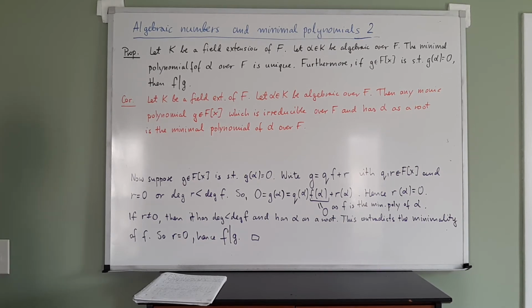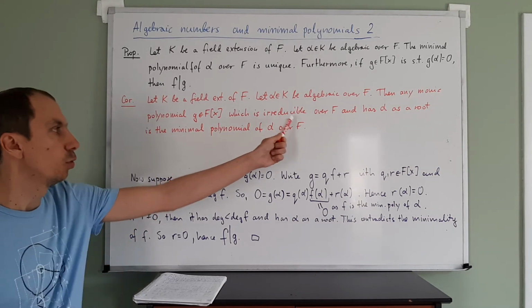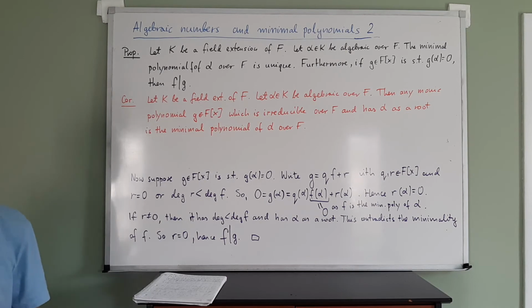This corollary gives us one way to sometimes be able to say that the polynomial that we found actually is the minimal polynomial. Because if the polynomial is monic and irreducible, then we know it's the minimal polynomial. And irreducibility is something that we have talked about a lot, so you have already some experience in determining if a polynomial is or isn't irreducible.